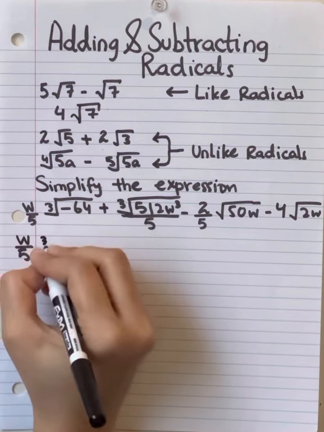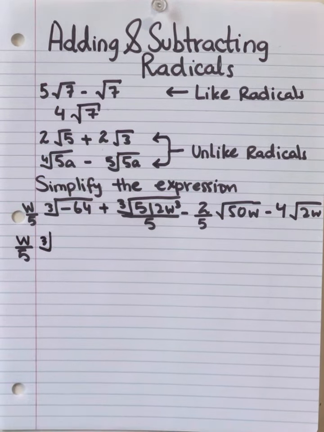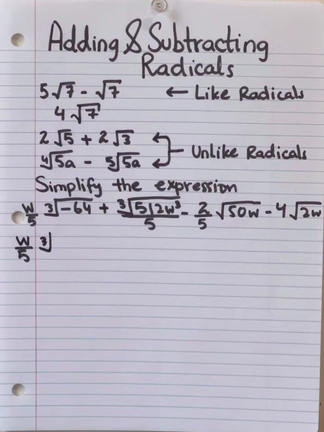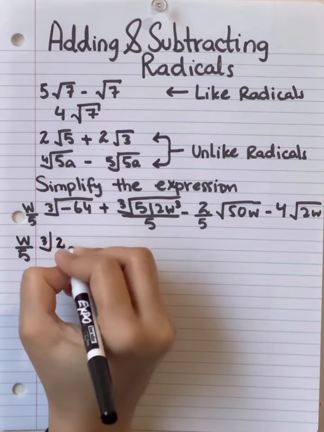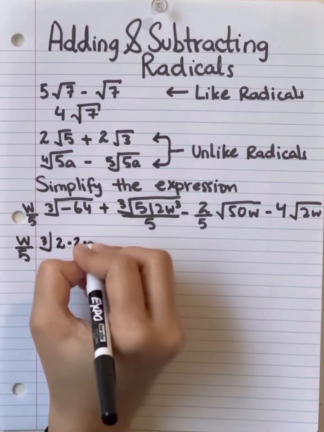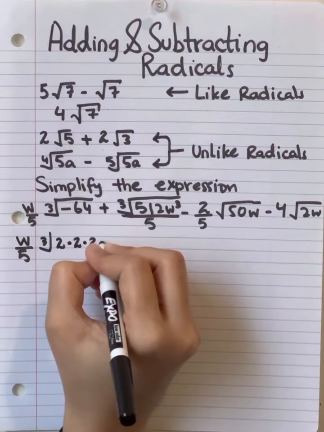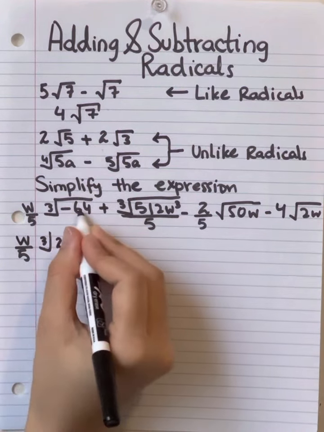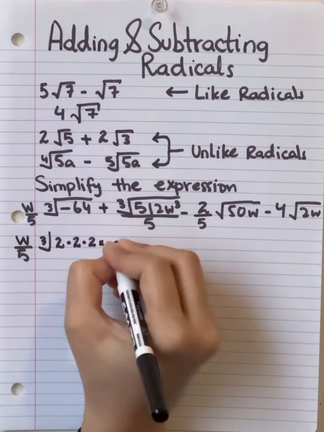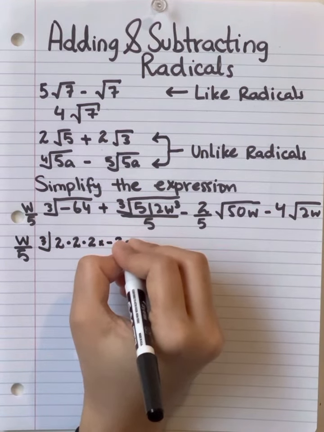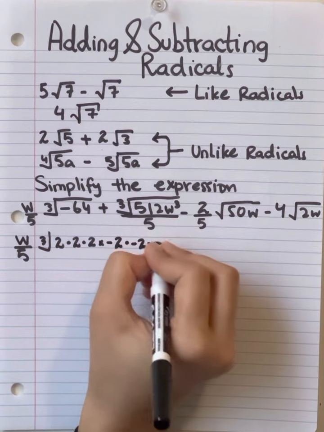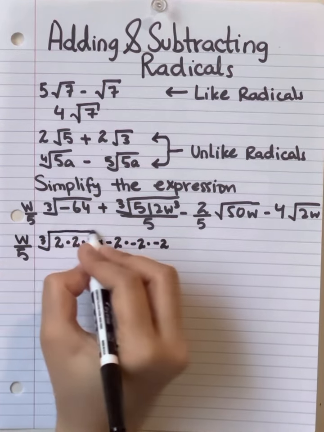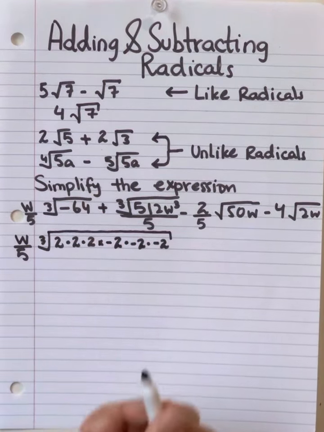So here, cube root of minus 64. 64 is 8 times 8, and 8 is 2 times 2 times 2. Since we have a minus, we can write minus 2 times minus 2 times minus 2, and that's the factorization of minus 64.